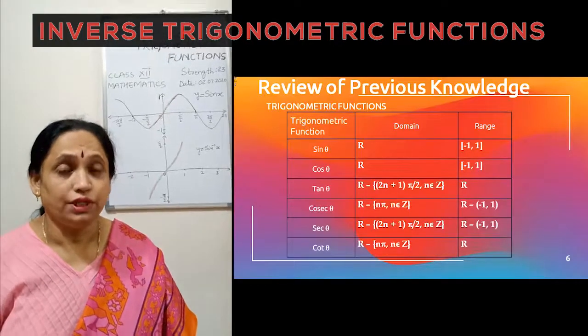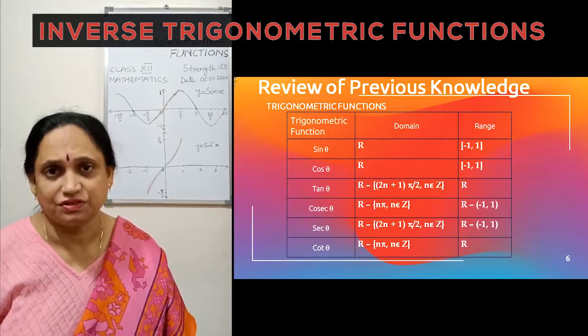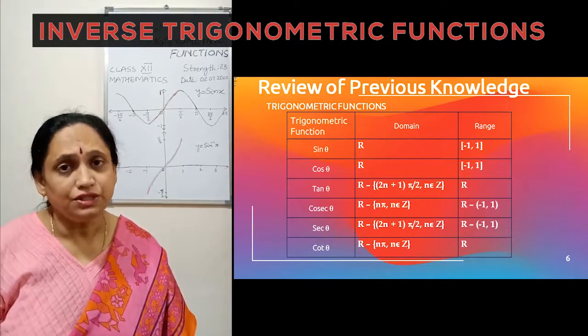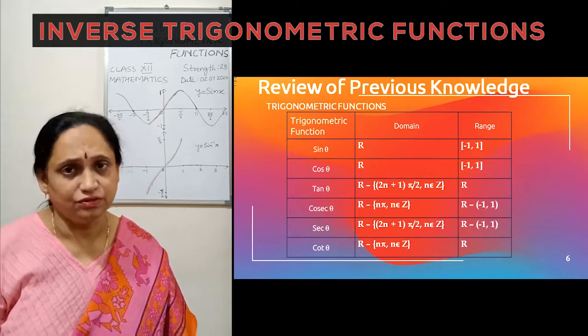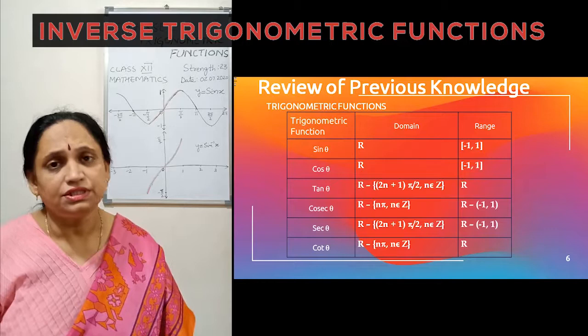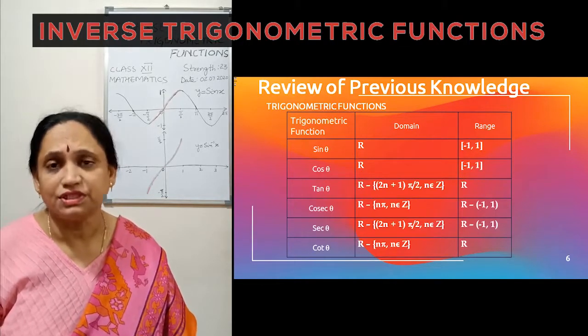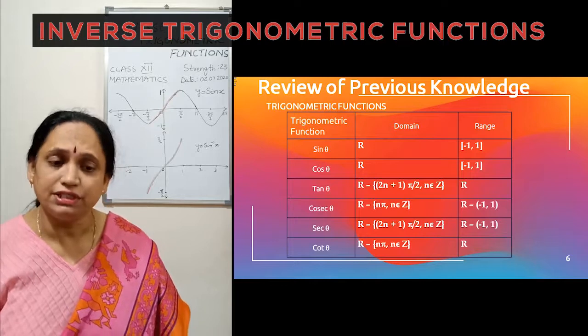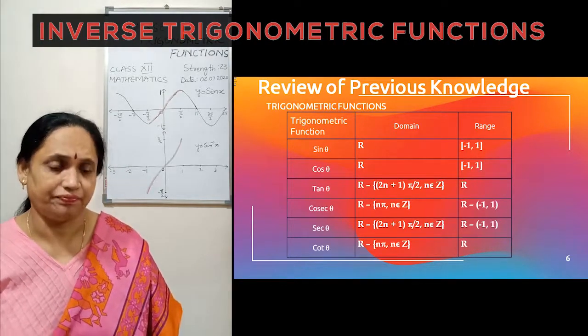Now, let us look at the domain and range of the trigonometric functions. As you know, we have 6 trigonometric functions. They are sine, cosine, tan, cosecant, secant, and cot. The domain and range you can see on the slide. For the sine and cosine functions, the domain and range are the same.